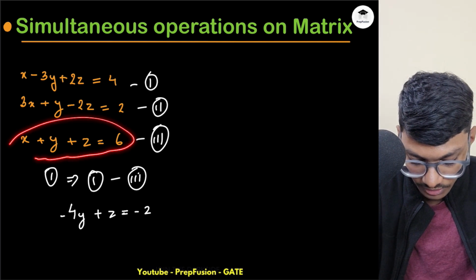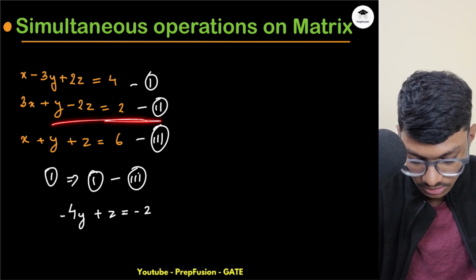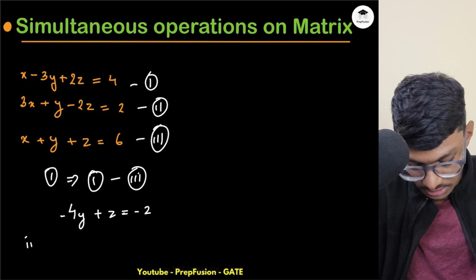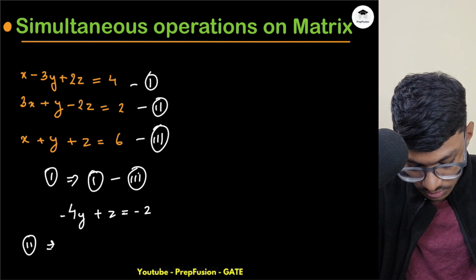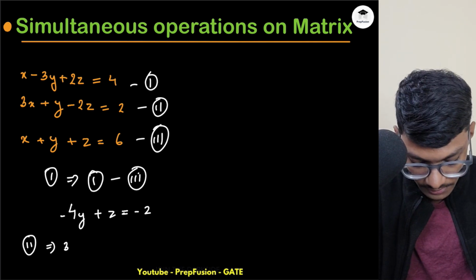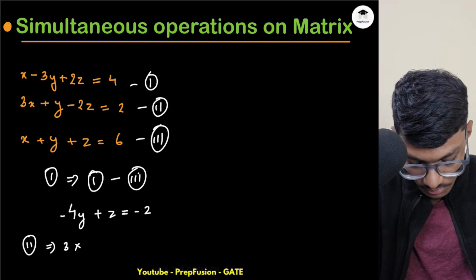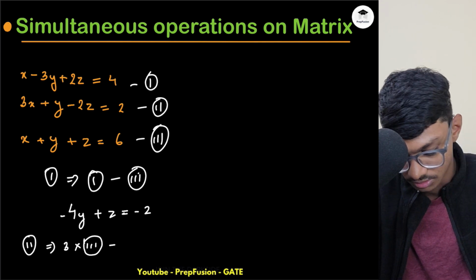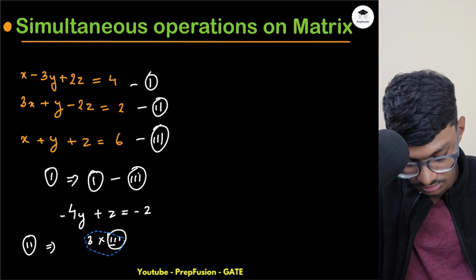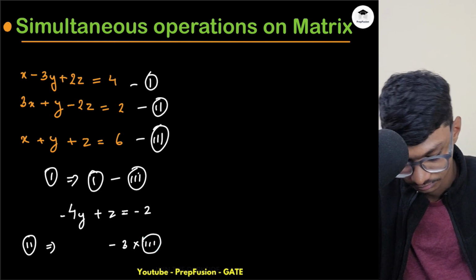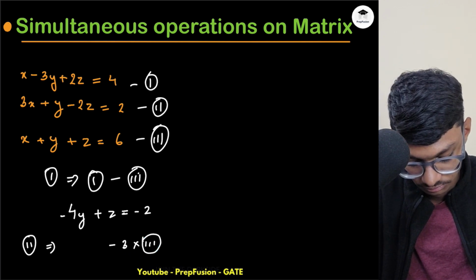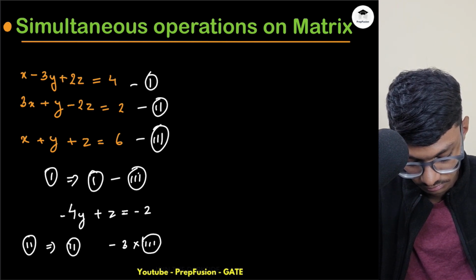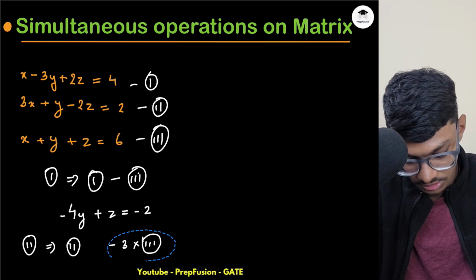I have to eliminate this x again, right? So I can write my equation 2 as equation 2 minus 3 times equation 3.